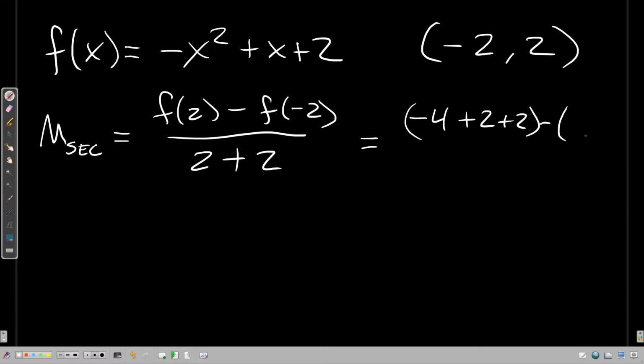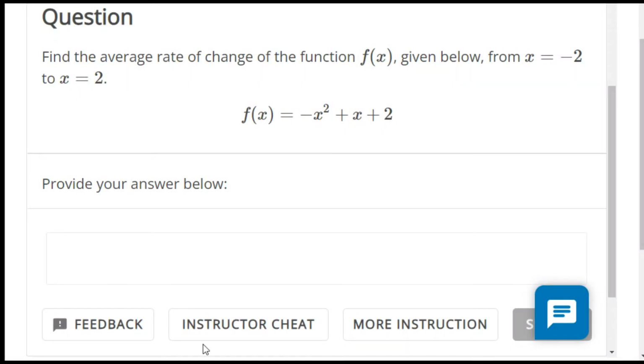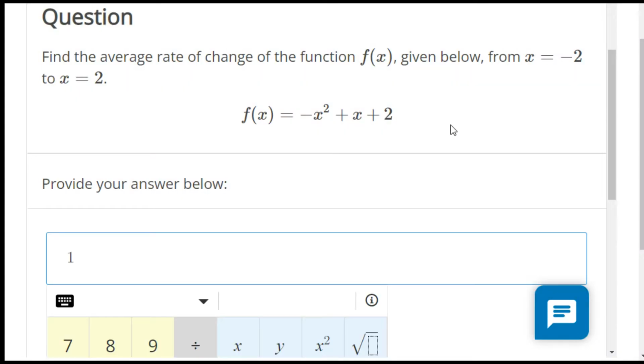And then f of negative 2 will be minus 4 minus 2 plus 2. And down here in the bottom would just be 4. Now this part here is 0. And the rest of it just becomes, in the numerator, a positive 4. So this is looking like 4 over 4, which is 1. The slope of that line through those 2 points is 1.